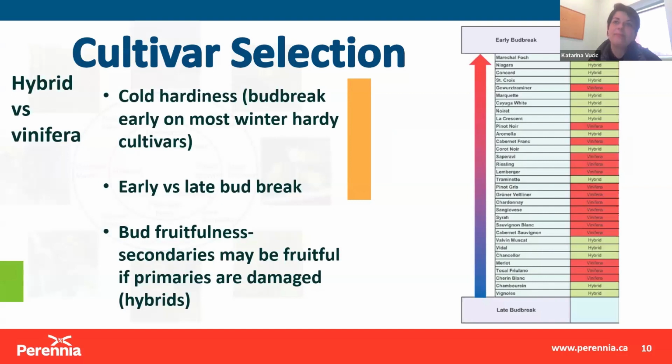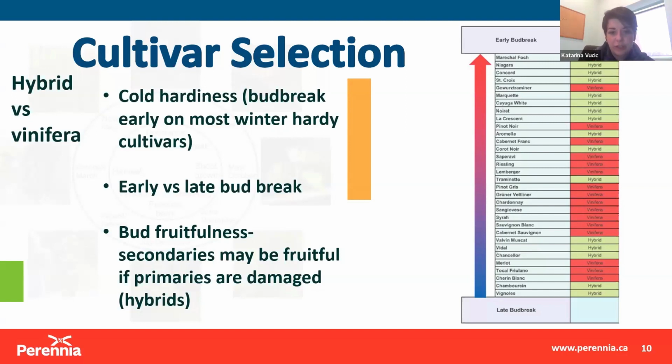Okay. So for your cultivar selection, here is a graph or a picture that illustrates early budding versus late budding cultivars. So keeping in mind that a grapevine cultivar can vary in average of bud break by up to 2 weeks.